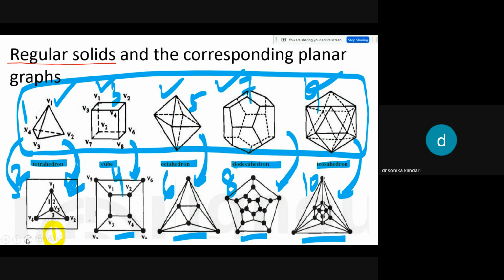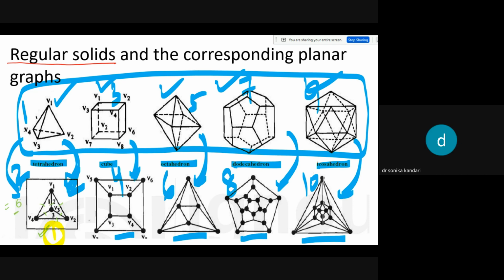For this graph, find number of regions. What is the number of edges? How many edges are there? 1, 2, 3, 4, 5, 6.